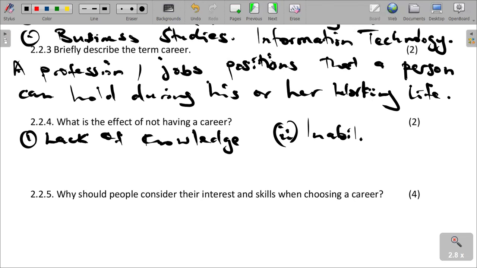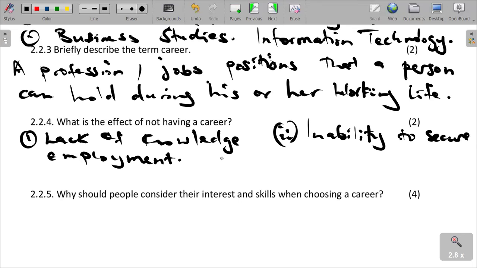There is an inability to secure employment. It is quite difficult to get employment if a person has got no career, and then it can also result in a person's inability to perform.